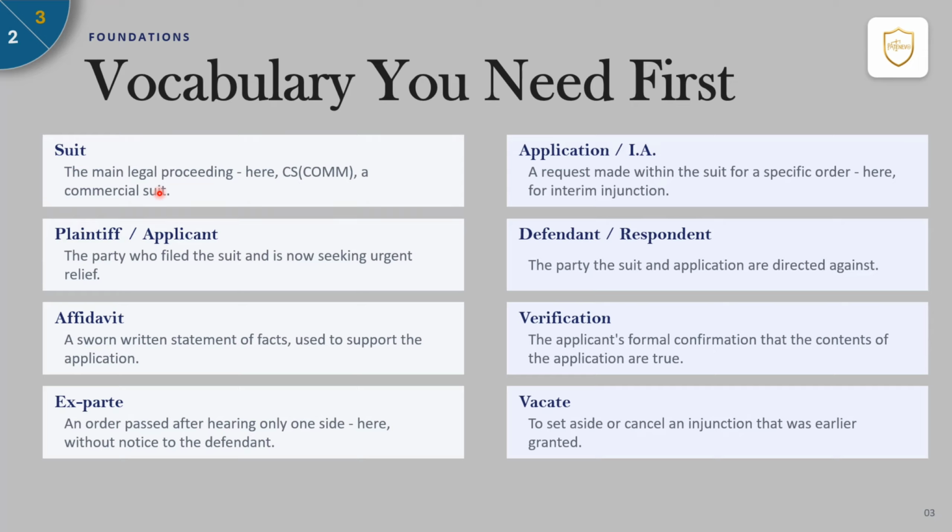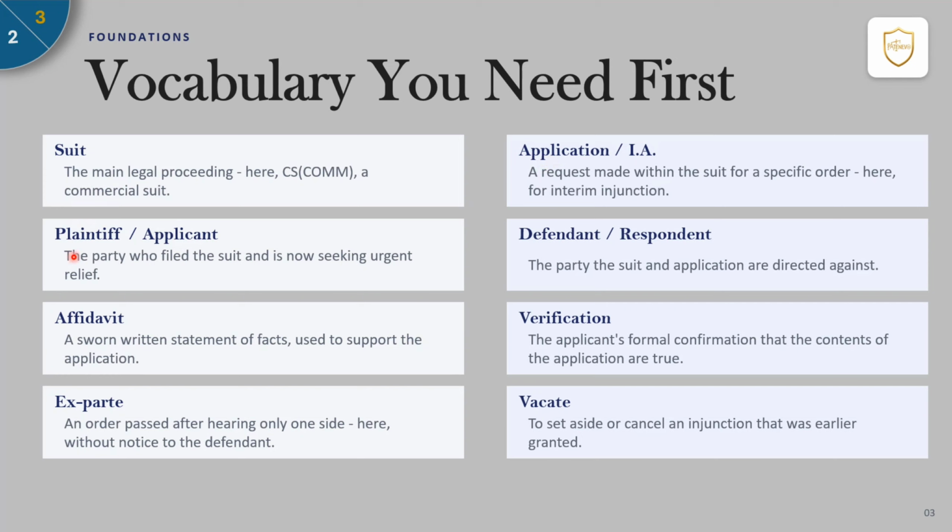For example, here it is a commercial suit, which we will discuss in this class. And an application, or IA, is a specific request which is made within that suit. So the application rides inside the suit.